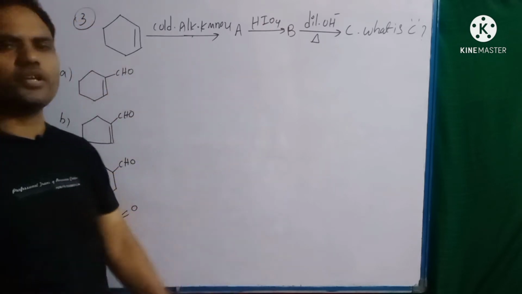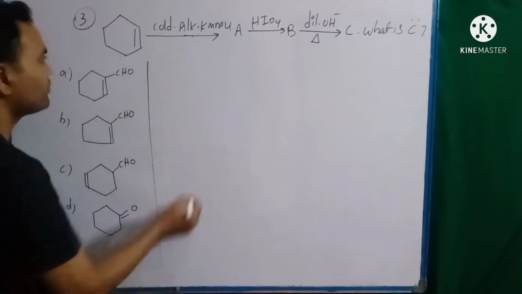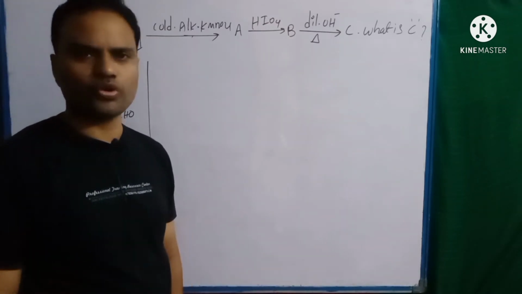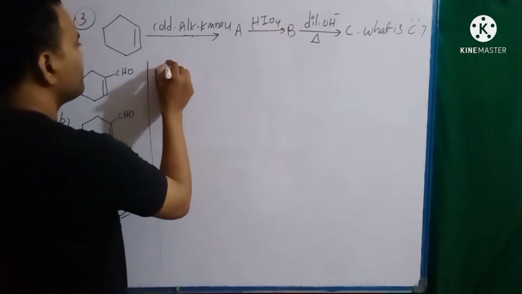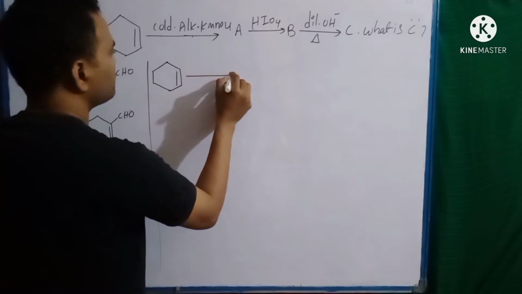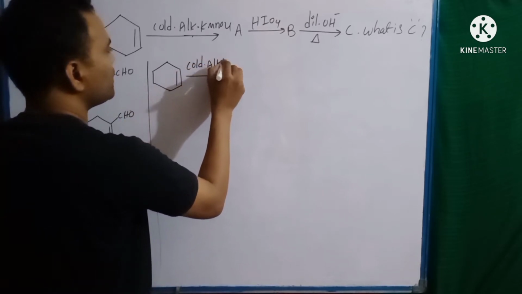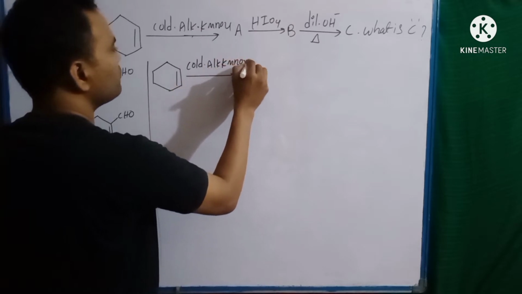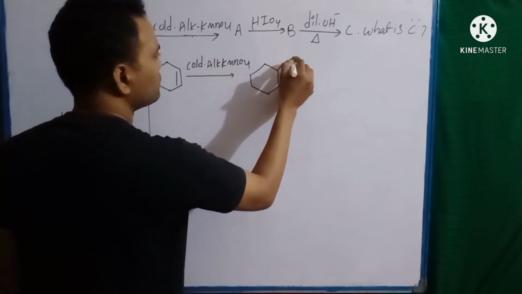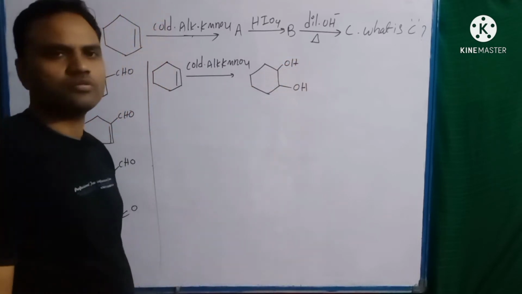Here a set of reactions is given. Now let us write all the reactions. See, alkene when treated with cold alkaline KMnO4 produces a diol.